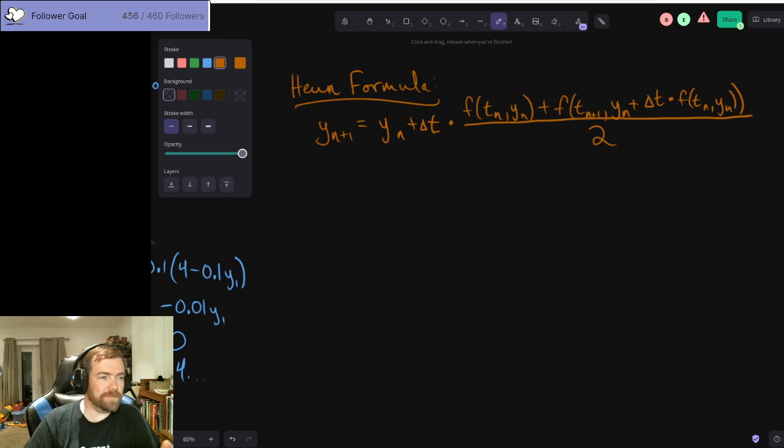Okay. So the Heun formula is another one that was one of those, like, did everybody else actually learn this, or... This one is named after Karl Heun, a German mathematician.